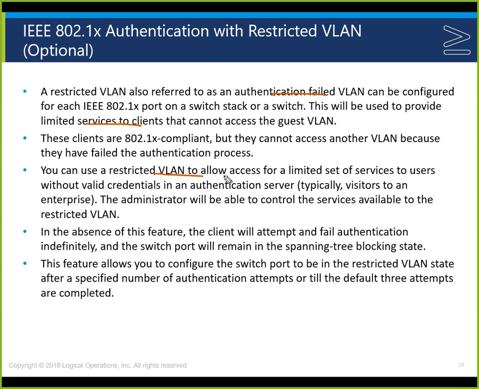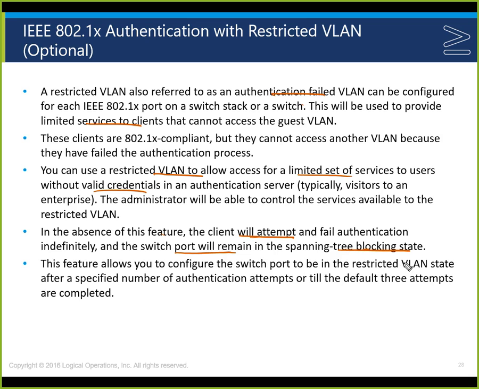You can use a restricted VLAN for a limited set of services without valid credentials. Again, we've said this several times. In the absence of it, the client will attempt a failed authentication, the switch port will remain in blocking state, and the user won't be able to do anything.